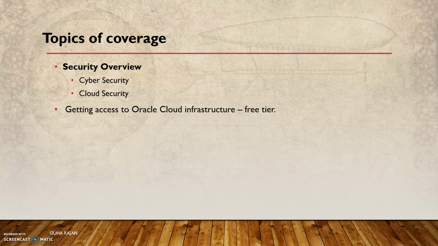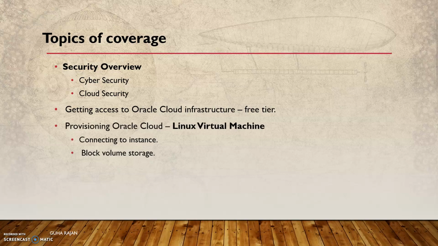So I'll be discussing how to get access to Oracle Cloud Infrastructure, and then we'll be getting into the real course coverage, that is how to provision the Oracle Cloud Linux virtual machine, because the course revolves around the virtual machine we create.